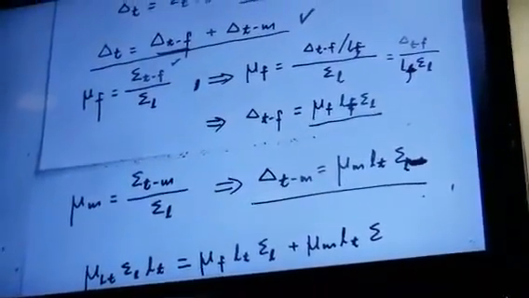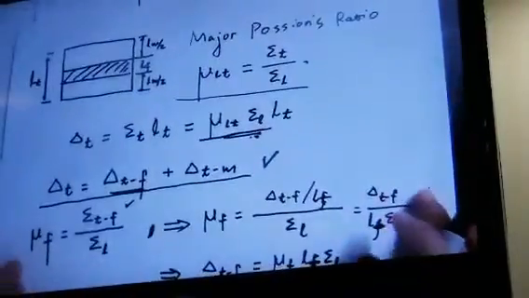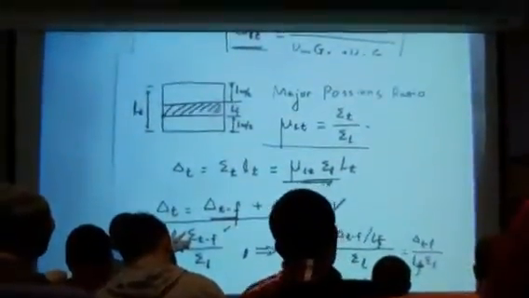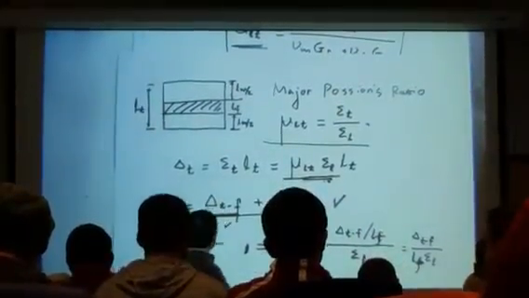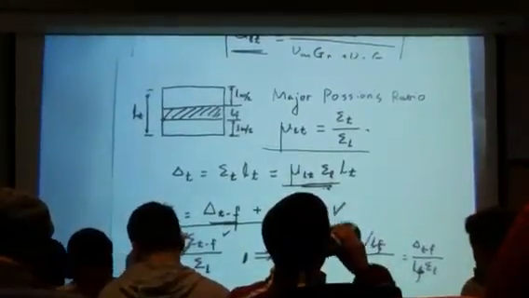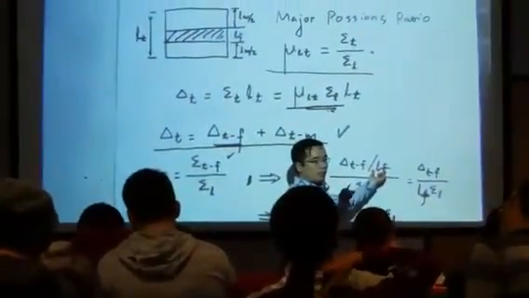Not LT from here. I go back to check this derivation, okay? We're going to revisit this derivation here. Poisson's ratio of the filament should be the reduction of the strain along transverse direction divided by the elongation of that one. And then we need to figure out what is the strain of the filaments along transverse direction, should be the elongation divided by the height of the filament, LF.